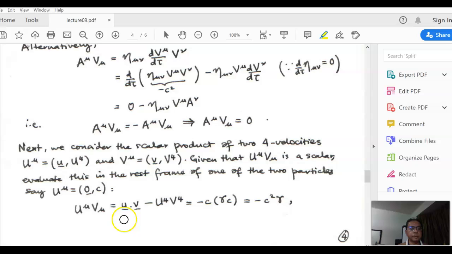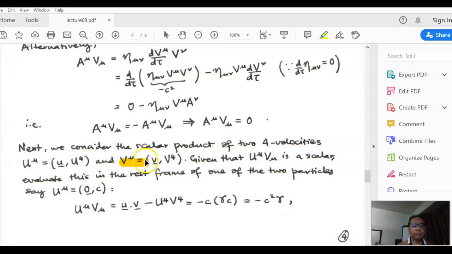What happens in this particular case is that the contraction between u and v gives you a scalar, which is given by c squared gamma, and this gamma has to be the gamma defined by the relative velocity of the frames: the rest frame and the frame coming from this, which is moving.